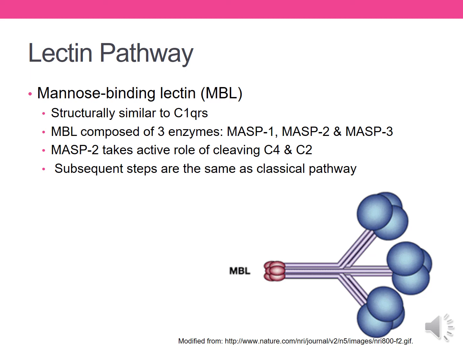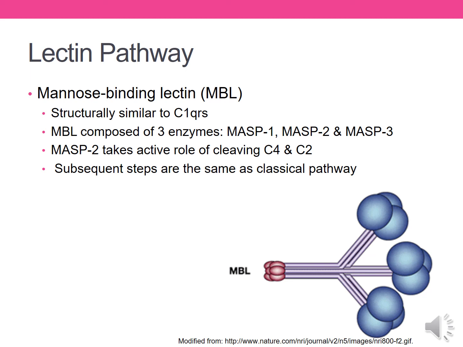This mannose binding lectin, or MBL, is very structurally similar to the C1qrs in the classical pathway. This MBL is associated with enzymes called MASP1, MASP2, and MASP3. MASP2 typically takes the active role in cleaving C4 and C2, and once this cleaving occurs, the subsequent steps are exactly the same as the classical pathway.